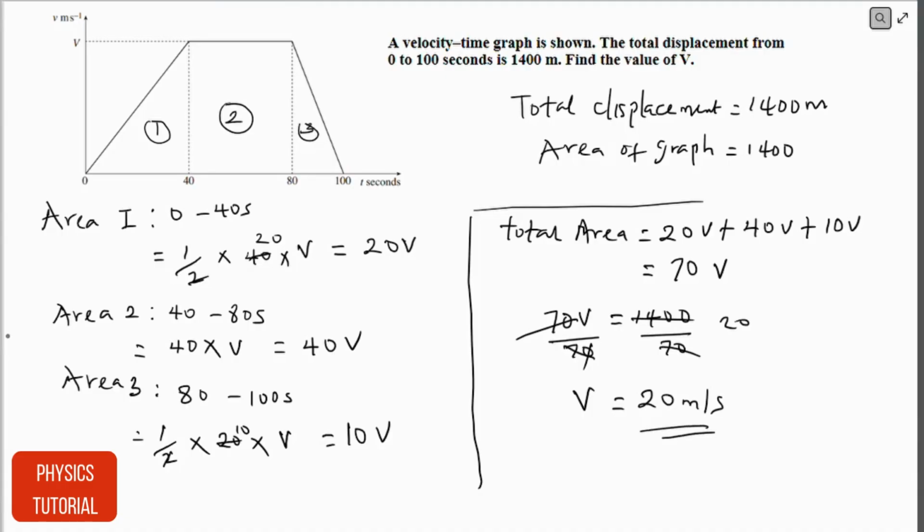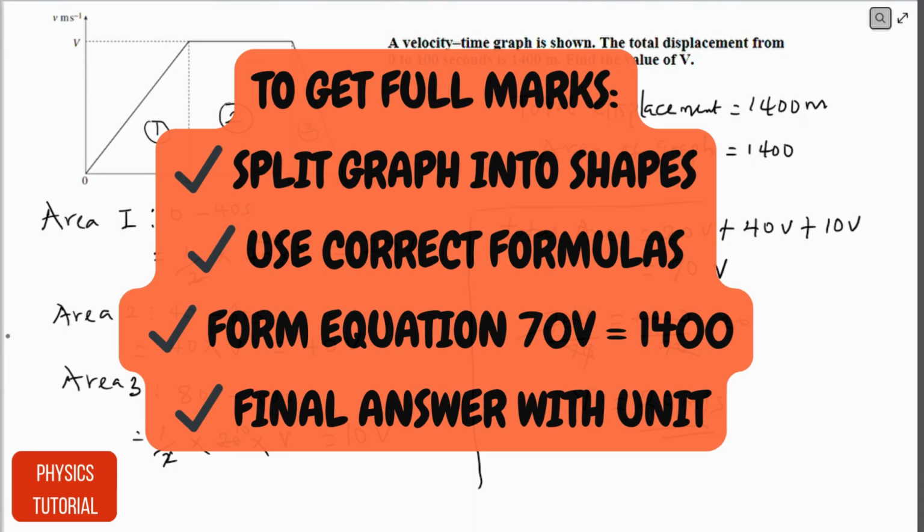So that is our final answer. Now, to get full marks, you have to split the graph into shapes, use correct formulas, and also you have to equate the total area to displacement. And lastly, you have to write your answer with the units.